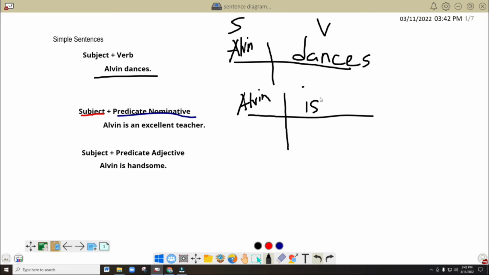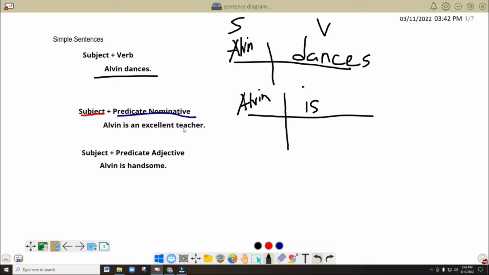Now we got a big problem here. We already got Alvin and "is," the subject and verb, but how will we put the predicate nominative? What is the predicate nominative in here? That is "teacher." Why the teacher? Because the teacher here is giving another name for Alvin, the subject.